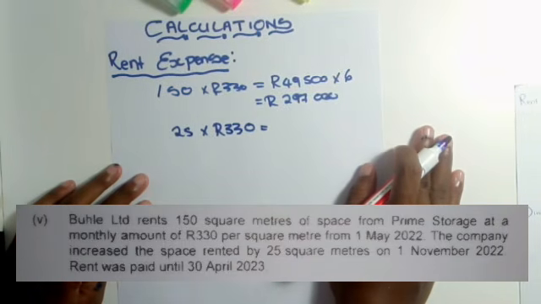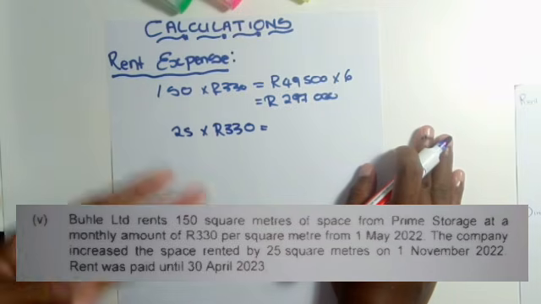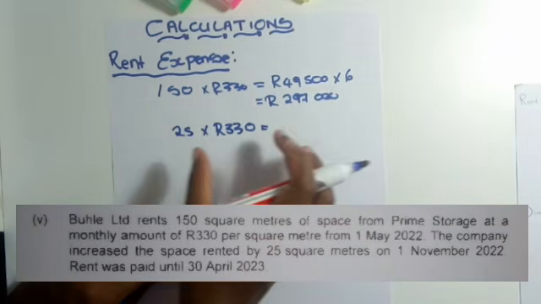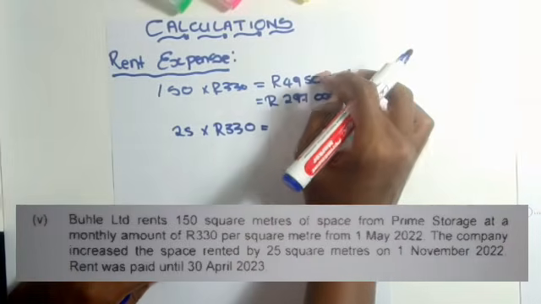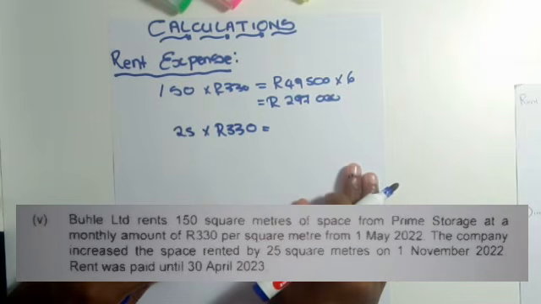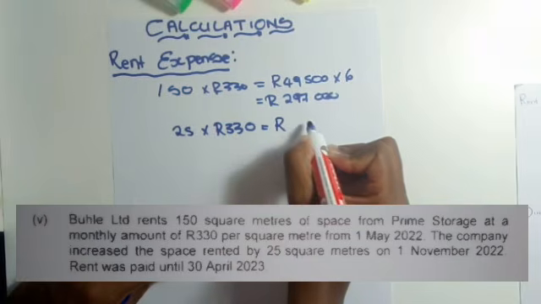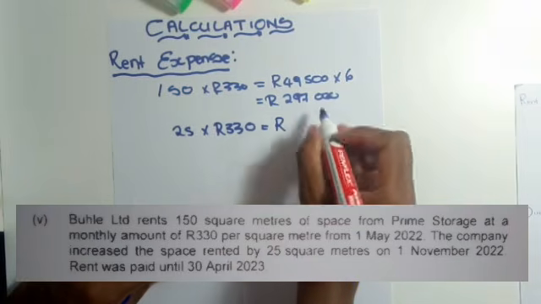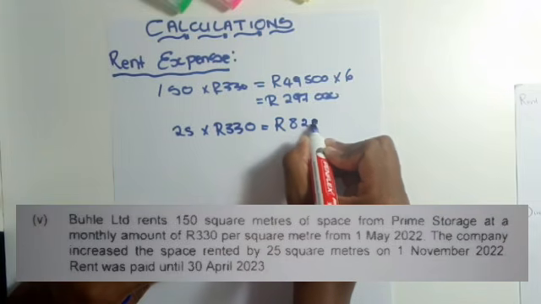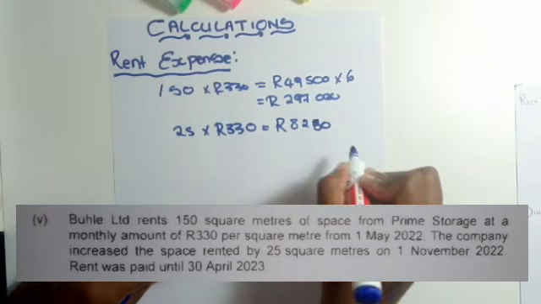So that means the amount that we paid for an increase for the rest of the remaining months would be an increased amount which we are calculating here, and then that amount will be added to our initial amount, and that will give us a total amount that we've been paying for the remainder of our financial year. So now this increase itself, not including the original amount, will give me a total of 8,250.